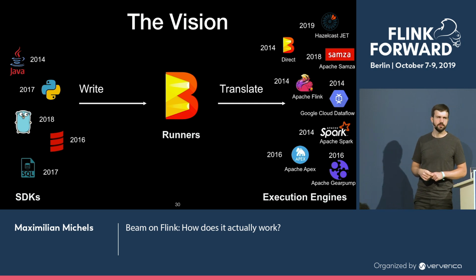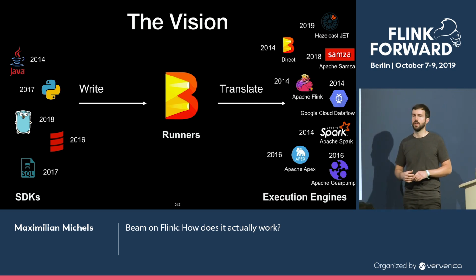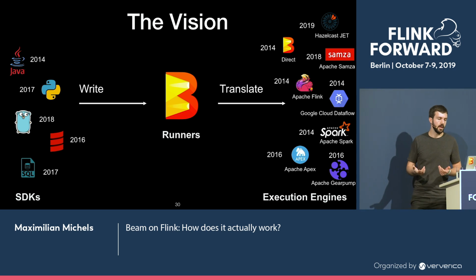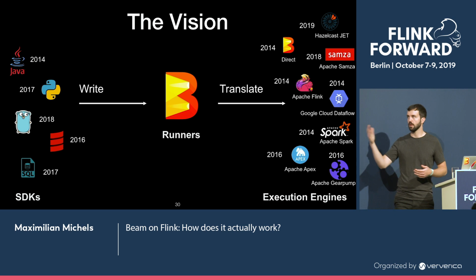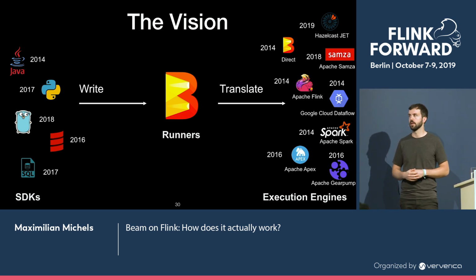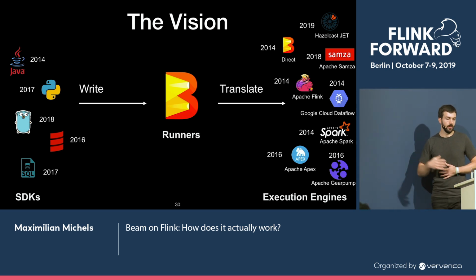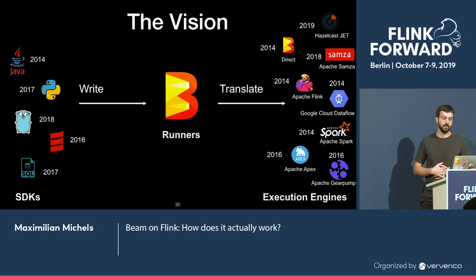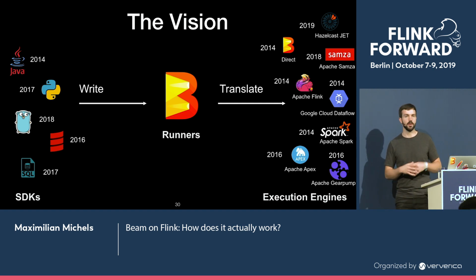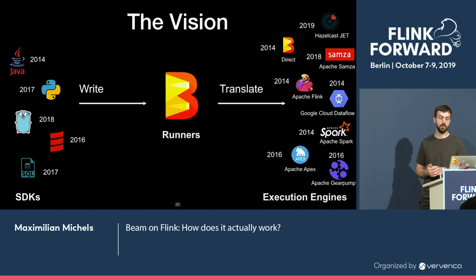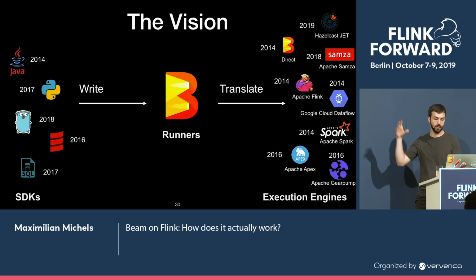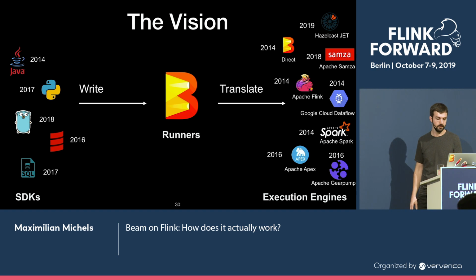But over the years, as more runners emerged, there was the desire to have other APIs which are more accessible to people, like SQL and Python, and eventually also Go. And we realized that we had to come up with a completely different approach to solve this problem, because we were not dealing with the JVM anymore, but we had a totally different runtime involved, like the Python runtime.